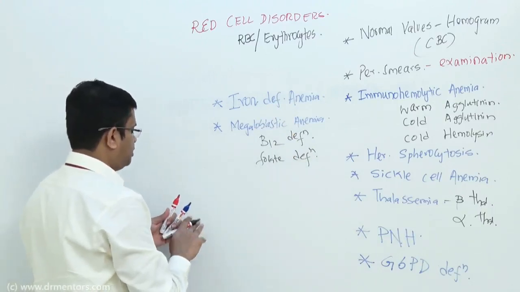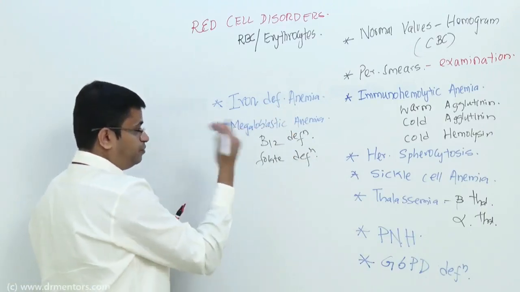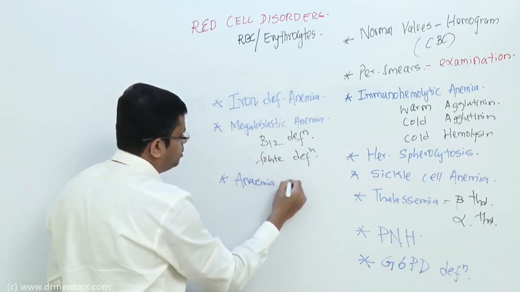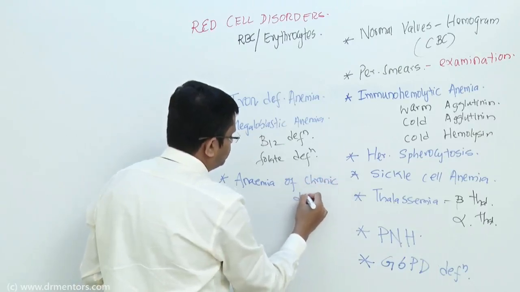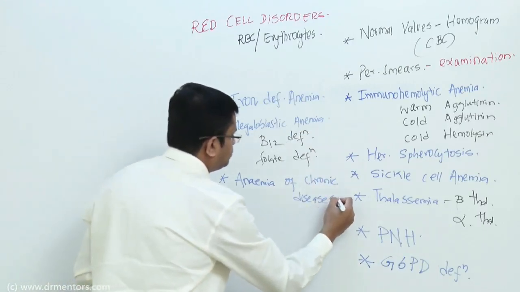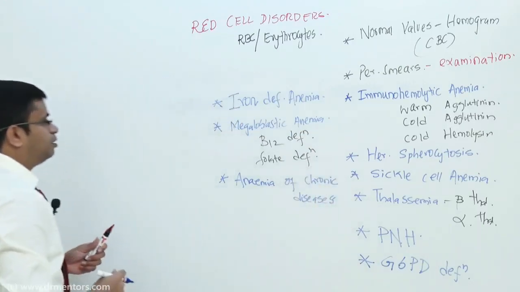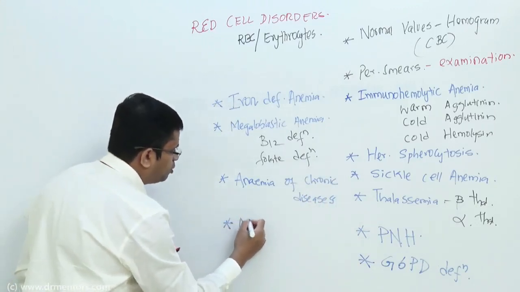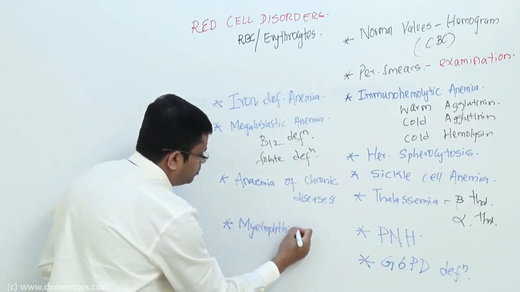Then, very importantly, the other anemia you should know for the exam, because often you get it in the choices, is anemia of chronic disease. That's something I want you to go through for the exams. And the last thing, there are a few unusual anemias you may come across: myelophthisic anemia.